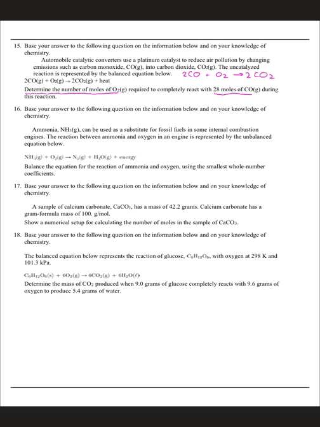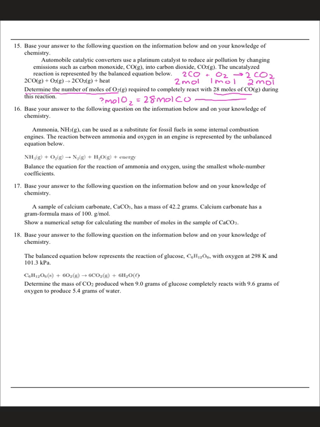I'm going to write the molar ratios. I have 2 moles of CO. I have 1 mole of O2. I have 2 moles of CO2. And now I'm going to set up a dimensional analysis problem and see if I have enough information to solve what I'm being asked. So how many moles of O2 equal 28 moles of CO? Okay?